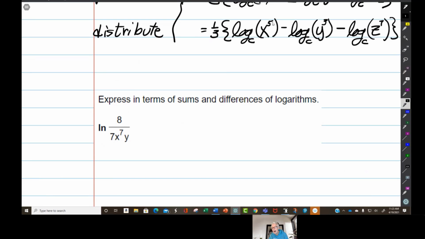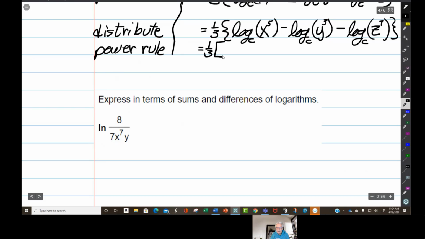Okay, now I am going to use the power rule to bring these powers, exponents down. All right, let's see if we can fit it in. Power rule. We'll have 1/3.